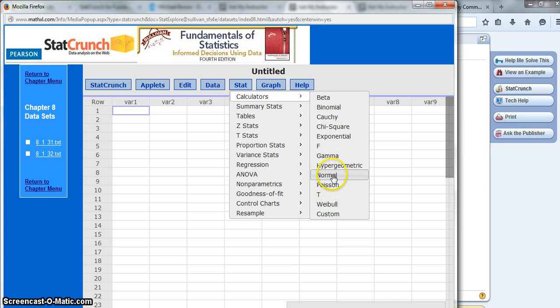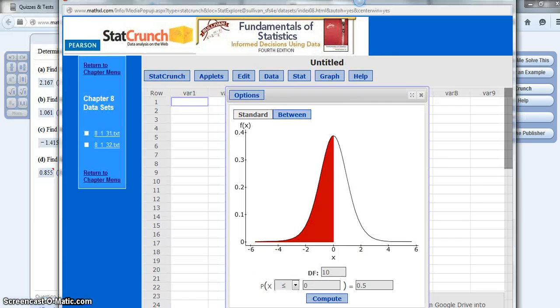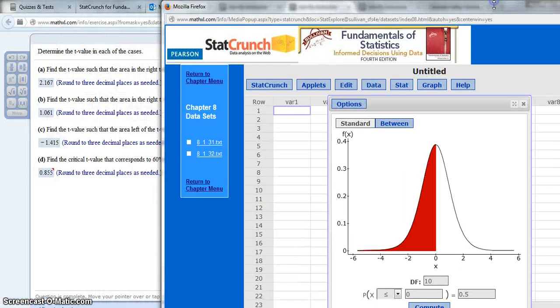We've gone to normal calculator, we've gone to binomial calculator, but when we have something that has a normal shape to it, but has a small sample size or unknown population standard deviation, we go to T. All we have to type in is degrees of freedom, and then what we're looking for, and then we can find the probability. Or maybe we type in the probability and find out this t value.